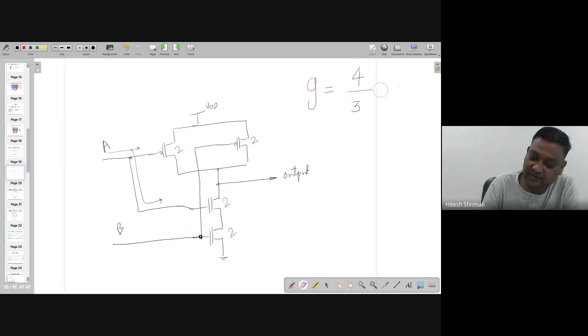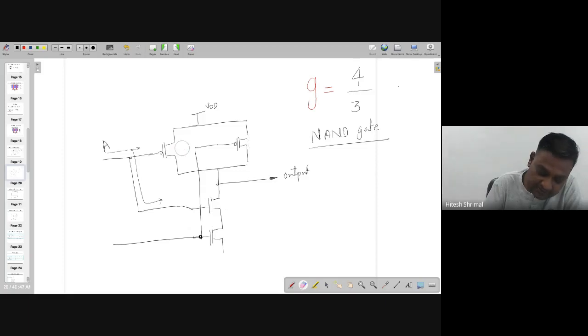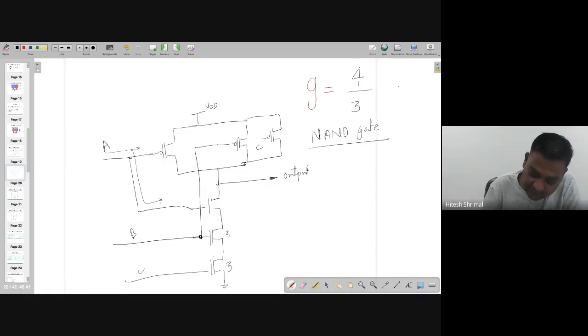So in the case of a NAND gate, the logical effort is 4 by 3. But if I change a bit, like if it is a 3 input NAND gate like this, then all of them will be 3.